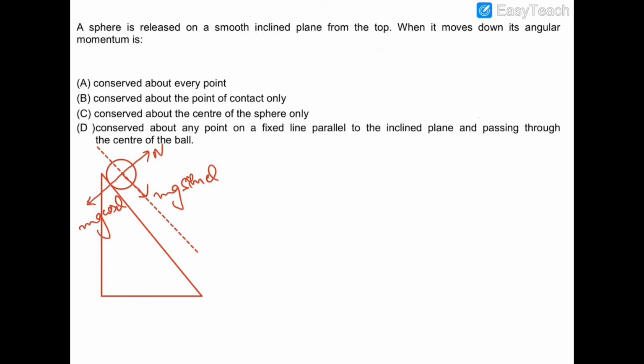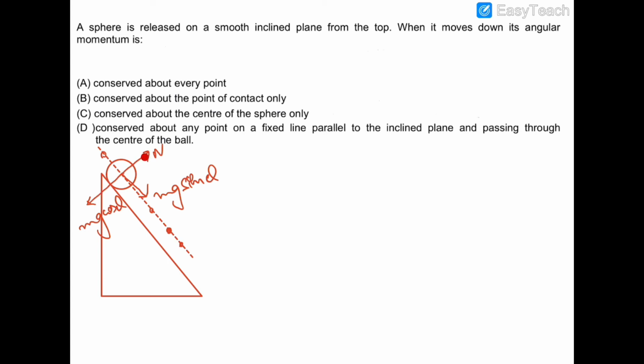So if we draw a line like that, you can see this line. If you write down the torque about any point on this line, that torque would be 0. So the angular momentum about any point lying on this line would be conserved, because mg sin theta is passing through this line, and this normal reaction is balancing mg cos theta.